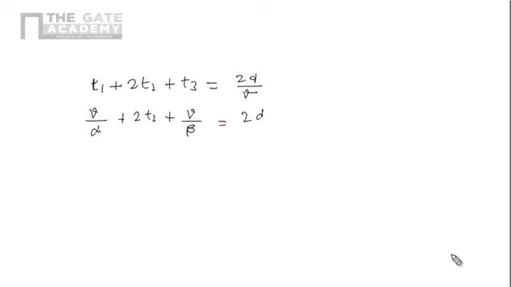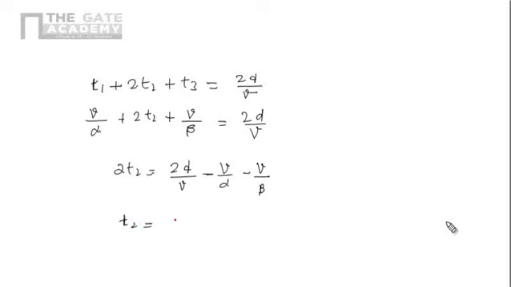Writing the equation t1 plus twice t2 plus t3 equals twice d by v, and we know t1 is v by alpha and t3 is nothing but v by beta, and this equals 2d by v. So twice t2 will be 2d by v minus v by alpha minus v by beta.